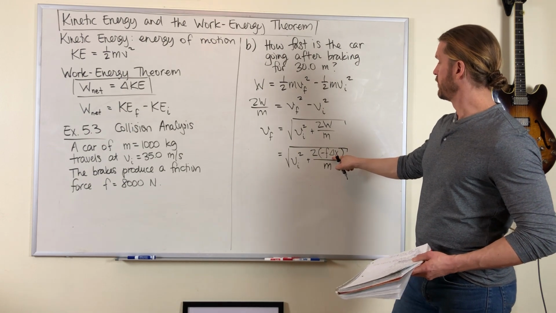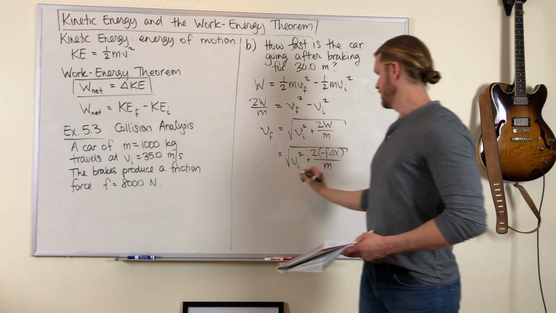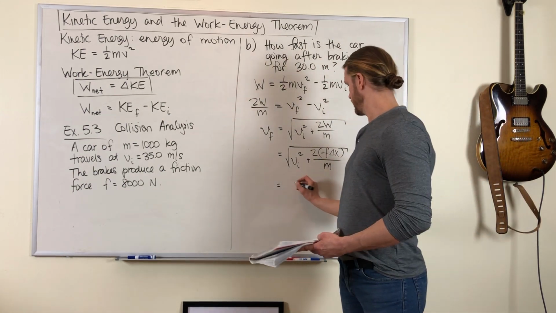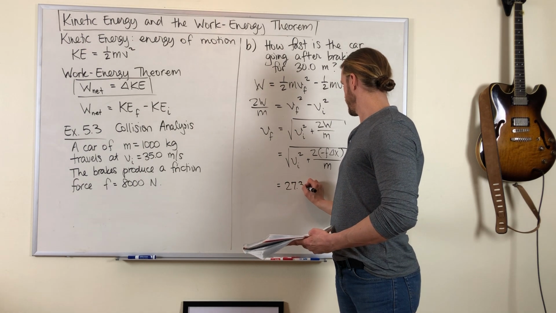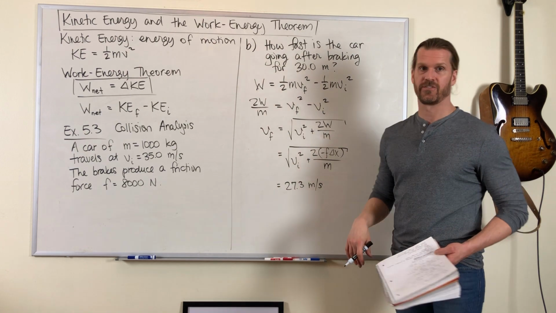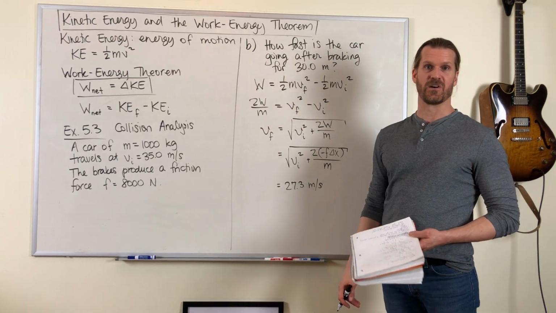And we'll use our 30 meters for delta x this time. And when you plug in those values, you find a speed of 27.3 meters per second, which is still like freeway speed. It's still 60 miles per hour or something.